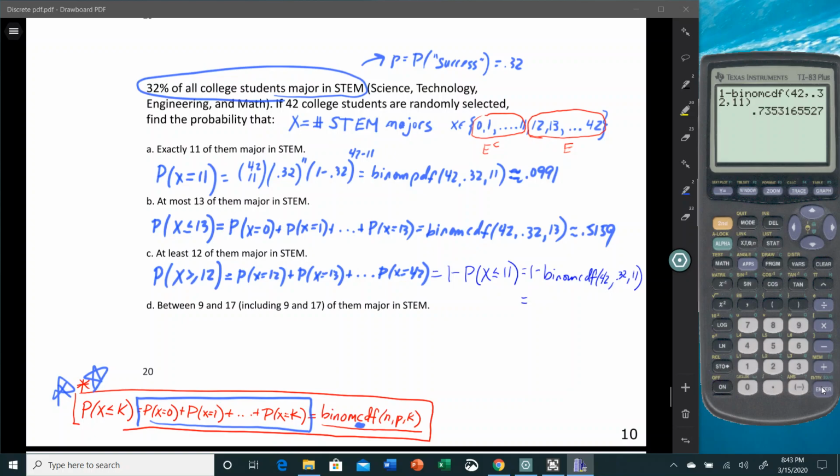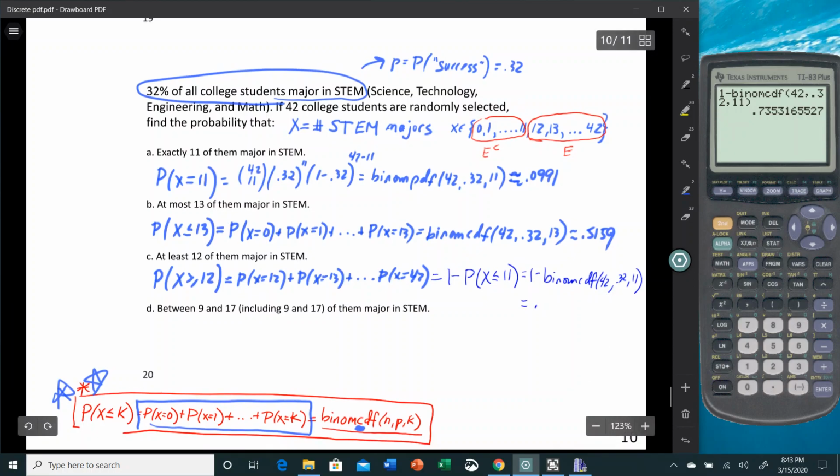That calculation yields, to 4 decimal places, 0.7353. I said 0.3753, but I said the wrong thing. I should have said 0.7353.